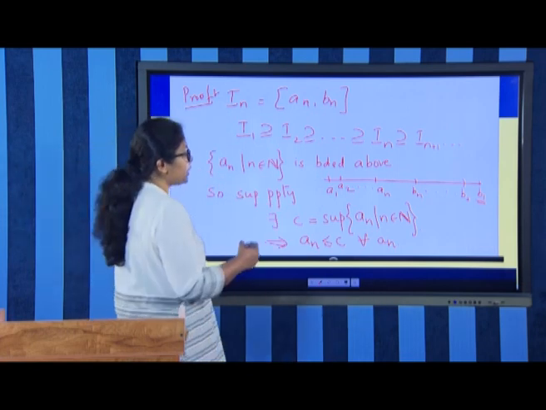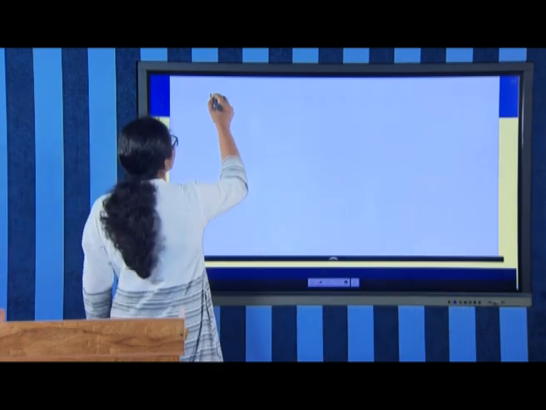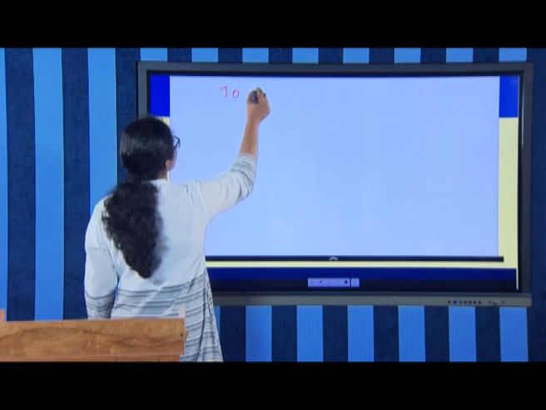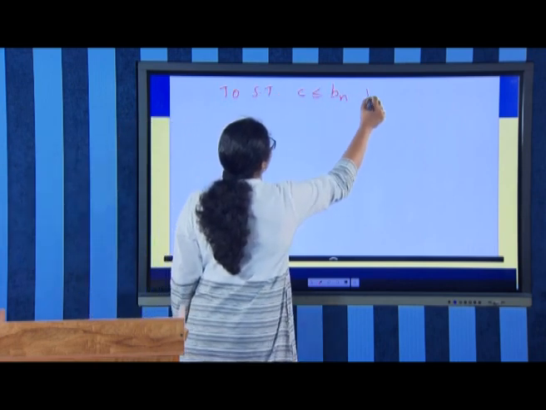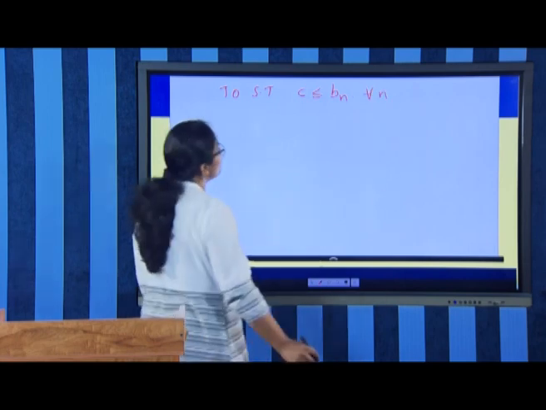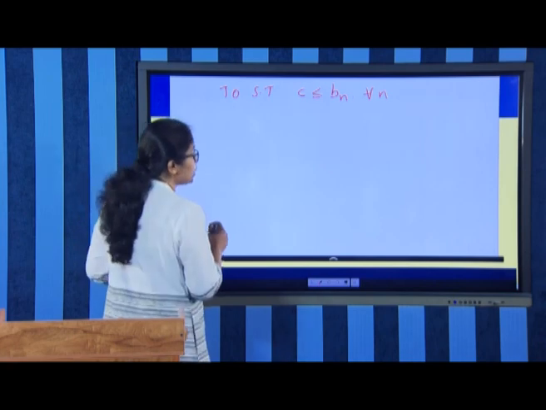So, there we apply the next condition. We have to show that C is less than or equal to Bn for every n. Now two cases arise. Which are the two cases?